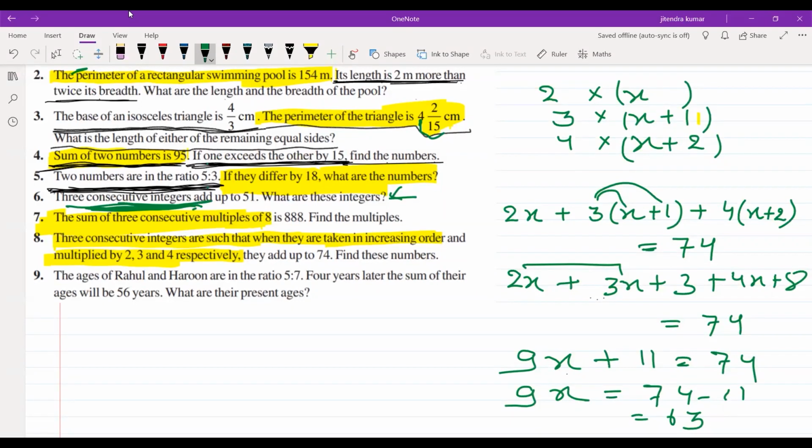So we are getting x is equal to 7. Sir, it is 7. Yes, it is 7. Find the other two numbers also, x plus 1 and x plus 2. So that will be equal to 8 and 9. So numbers are 7, 8 and 9.